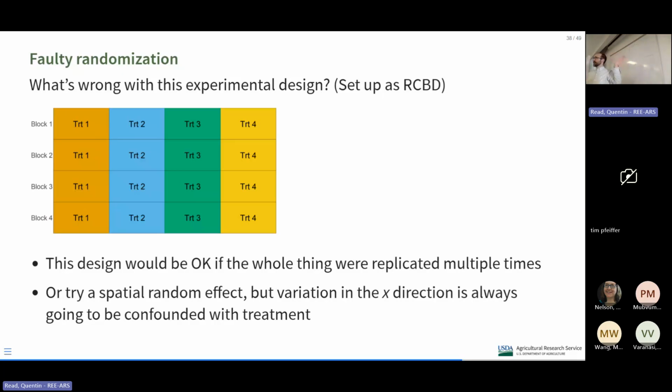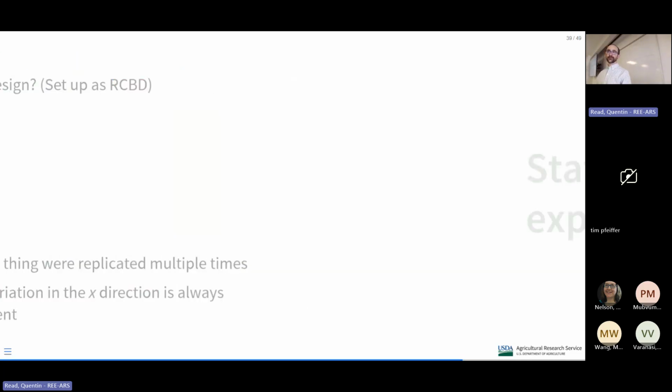Like if there's something different about the east side than the west side, that's going to be confounded with difference between treatment 1 and treatment 4. So you have to mix up not only the horizontal, but also the vertical positioning of the treatments.